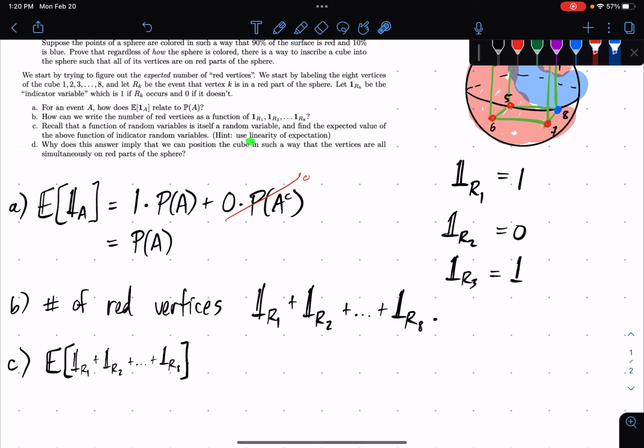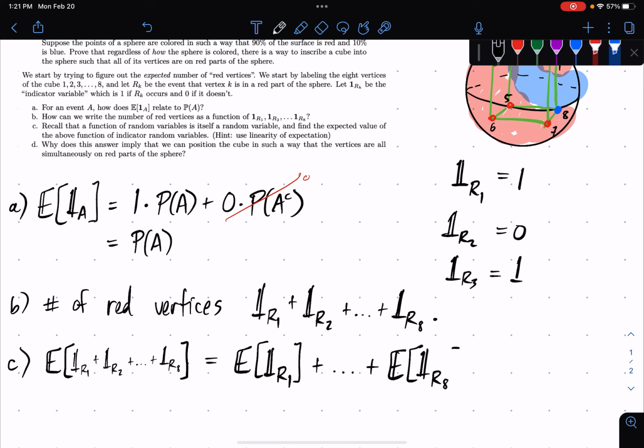And what we're going to do is use this hint, linearity of expectation, which is just like derivatives: if we were going to take the derivative of an expression like this, we'd just do it one part at a time because derivatives are linear. Similarly, expected value is linear. So this is going to be equal to the expected value of the indicator of R1 plus all of the way up to the expected value of that indicator variable on R8.